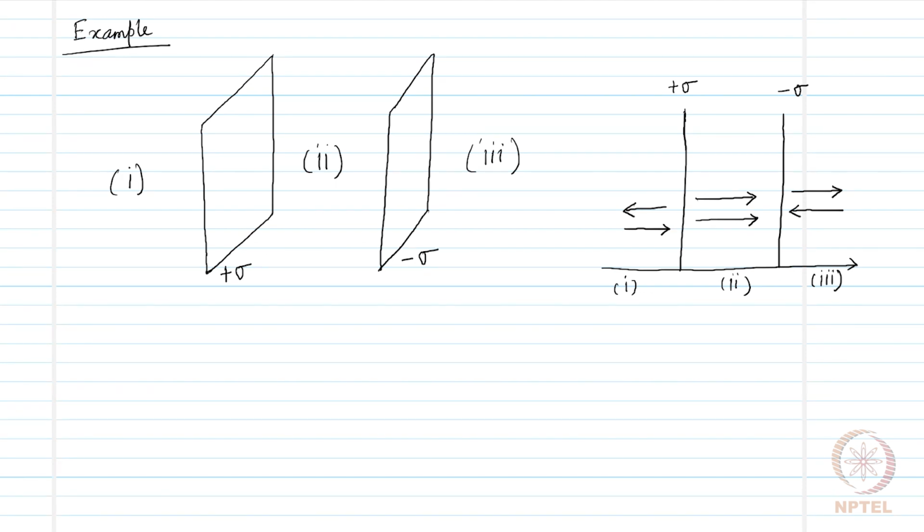So, in region 1 we have electric field equals 0, in region 3 we have electric field equals 0, and in region 2 we have electric field equals sigma over epsilon naught n cap, where n cap is from the positive to the negative plane. So, this is the principle of parallel plate capacitors.